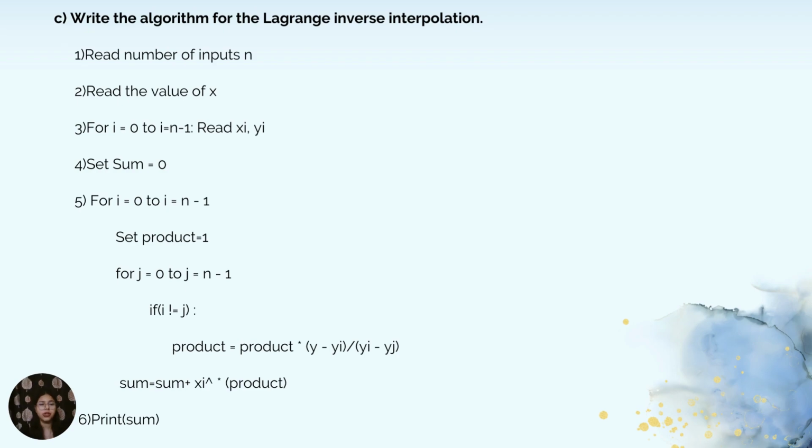For j equal to 0 to n minus 1, if i is not equal to j, then product is equal to product star (y minus yj) divided by (yi minus yj). Then sum is equal to sum plus xi star product. Then we print the sum.